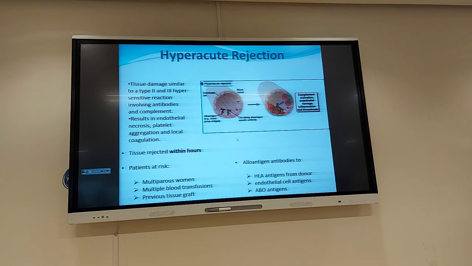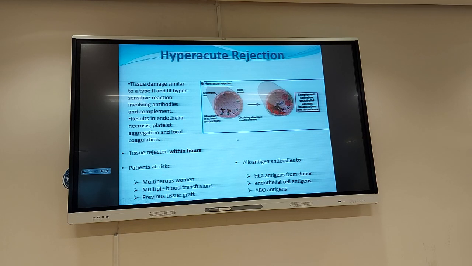Hyperacute rejection, as I said, occurs within hours. This is in certain instances where the recipient has been exposed to different foreign antigens. This is the case with mothers who've had multiple births, because every time they're pregnant, they are exposed to paternal antigens, so they can mount an immune response against these. So they develop these allogeneic antibodies.